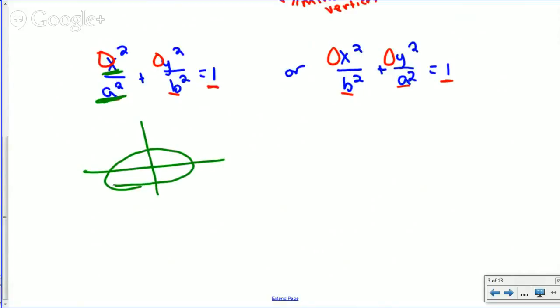So my ellipse is going to be elongated in the x direction. Here, my A is with the y, telling me it's going to be elongated in the y-axis direction. That's how we can tell which way the ellipse is oriented.